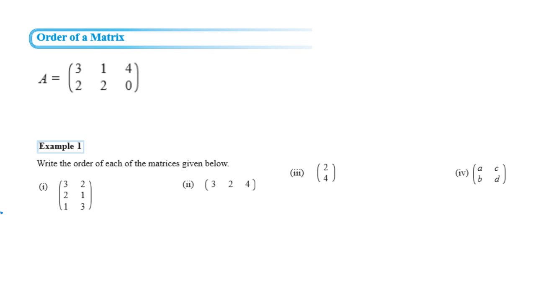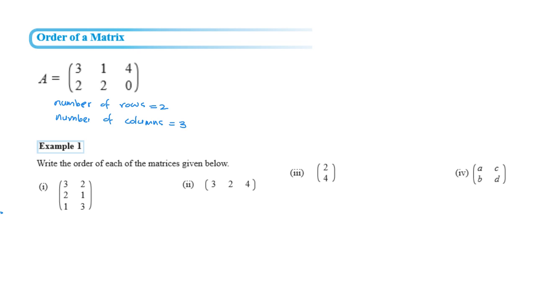Let's write it. Here we have number of rows equal to 2, number of columns equal to 3.